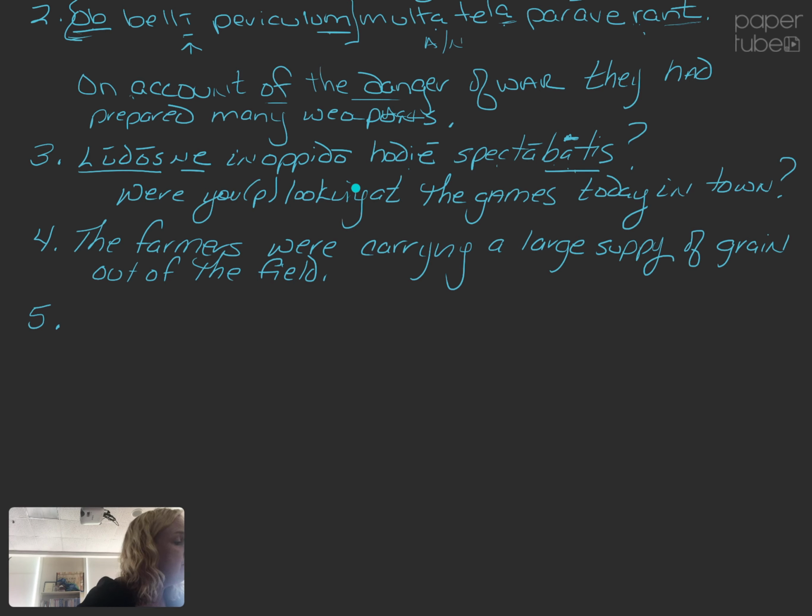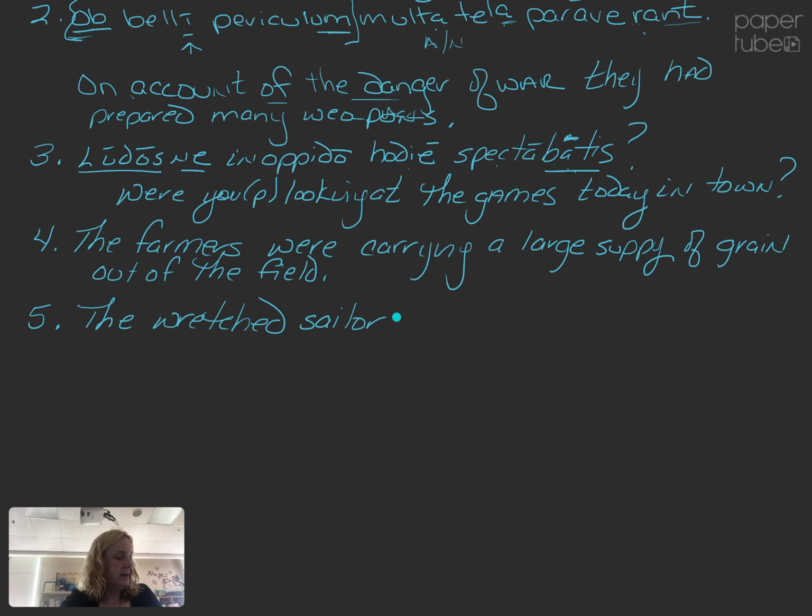Number 5, num nautae miseri ab insula navigaverint. So num versus non. Num expects a no. So we make a negative statement and then say, are they? So what's our negative statement? Nautae miseri, the wretched or miserable sailors, navigaverint, that is future perfect third person.